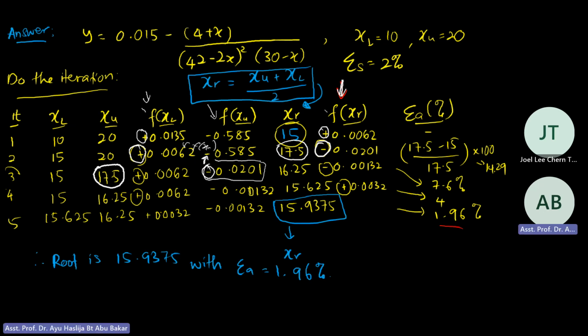Then the rest remain. Calculate the new XR, then the new FXR. The new FXR is negative, so replace the negative value from the previous one. Here, it comes to here. So it falls under FXU, so the XR will go to XU.